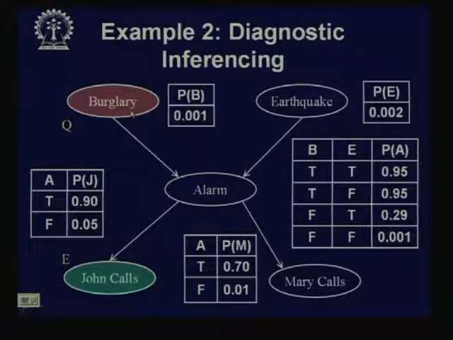What is the probability of burglary? That is the thing we want to find out. Try to solve this problem and then you will have a nice confidence about applying Bayesian networks for managing uncertainty.